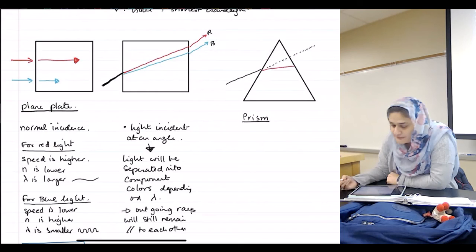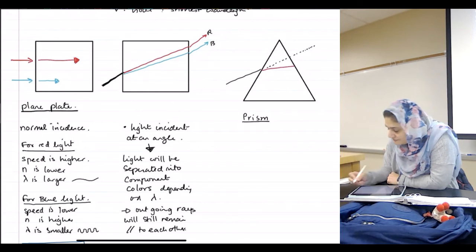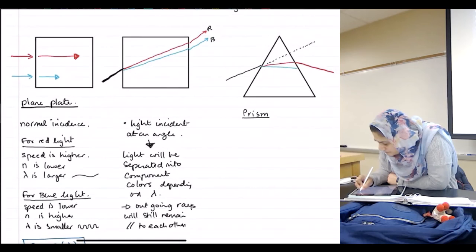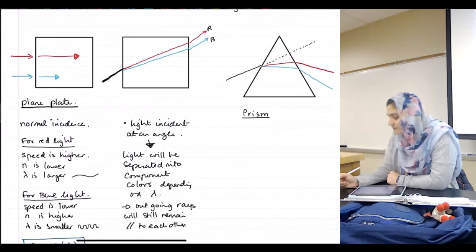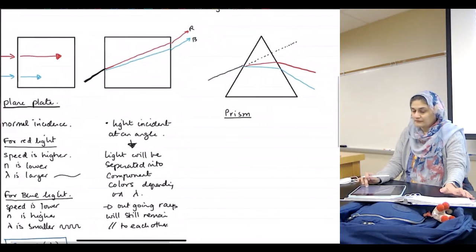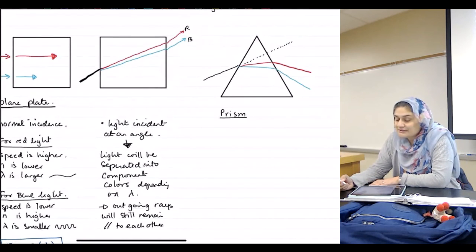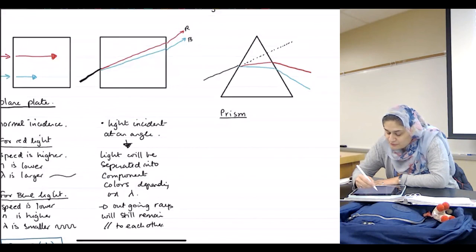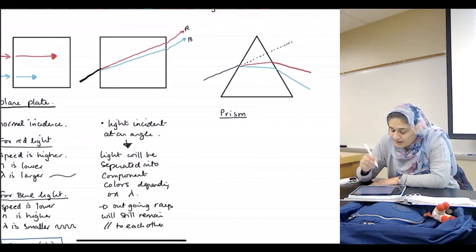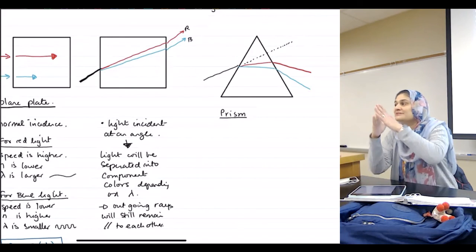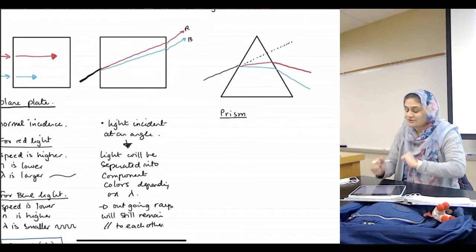Let's make a little bit of an angle. This will additionally deviate from its original path.